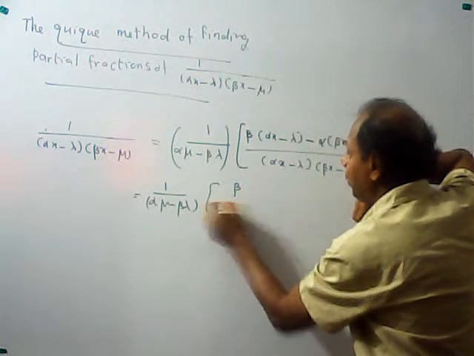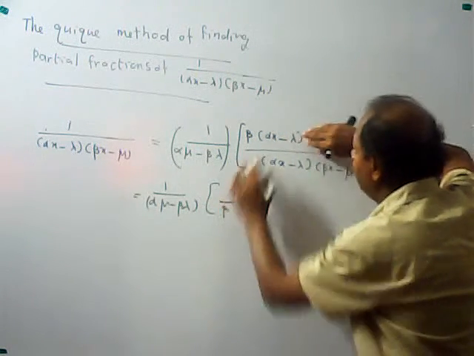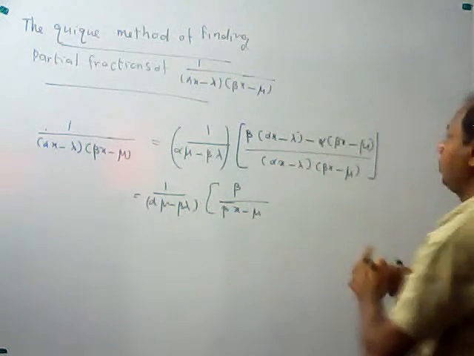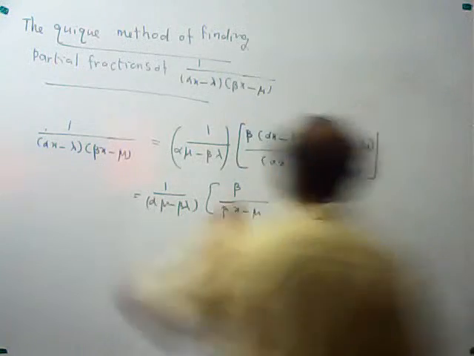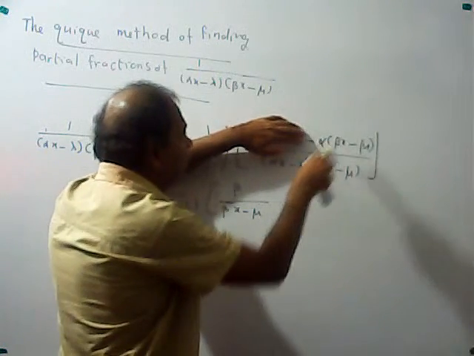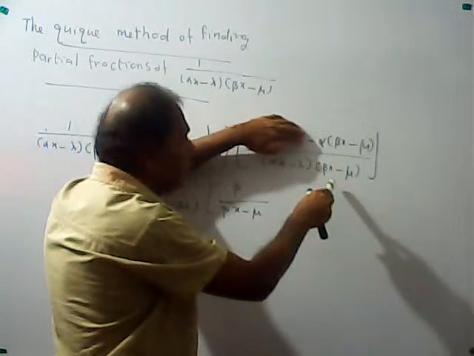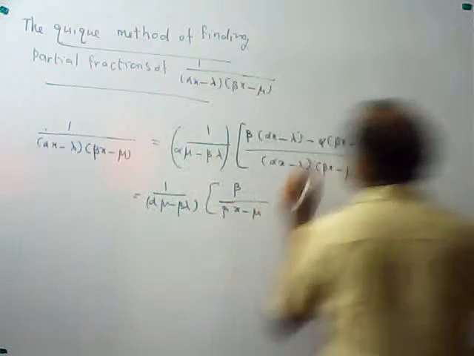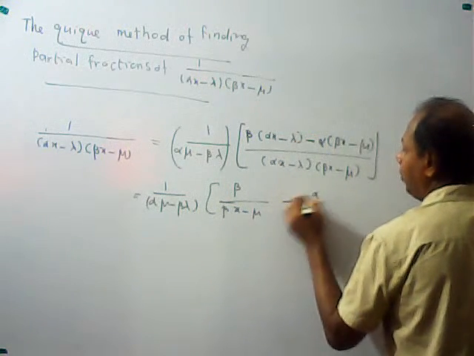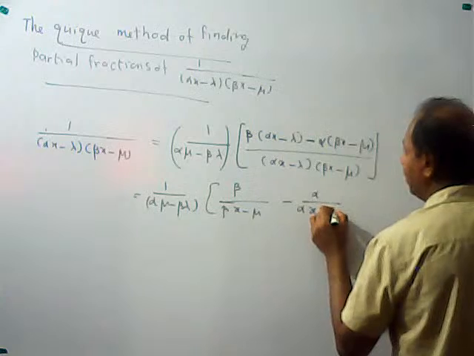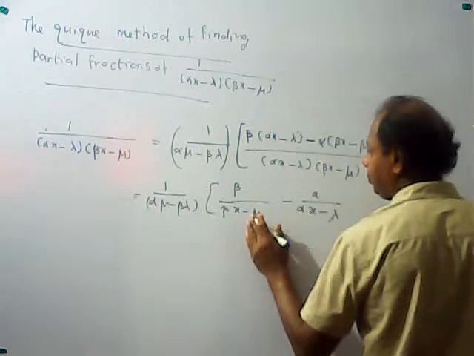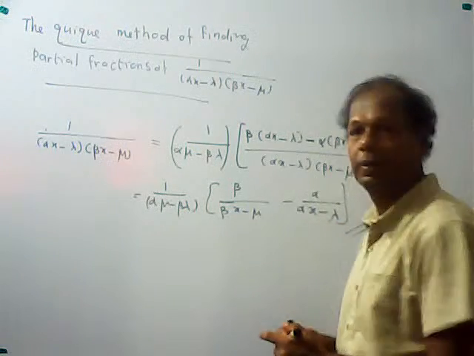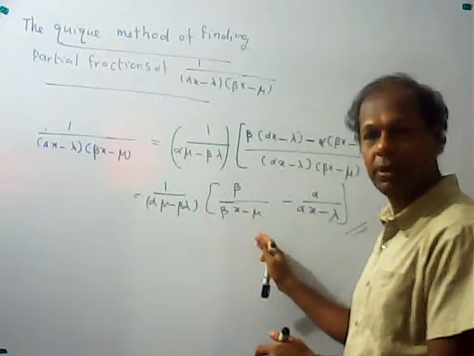Now you take this part alone. Then beta x minus mu will get cancelled. You get minus alpha over alpha x minus lambda. So these are the partial fractions. Within 1 minute you can do this.